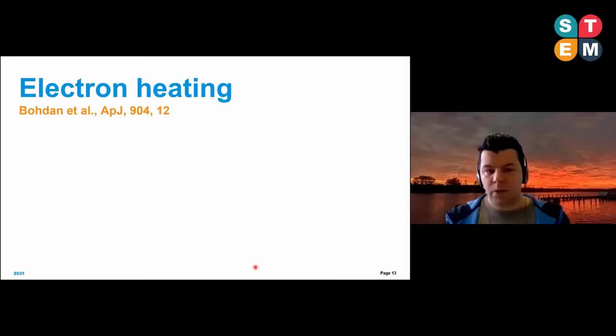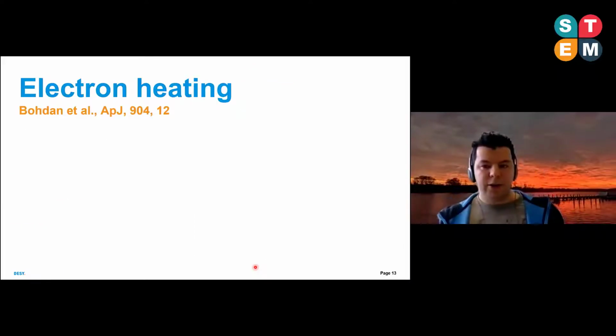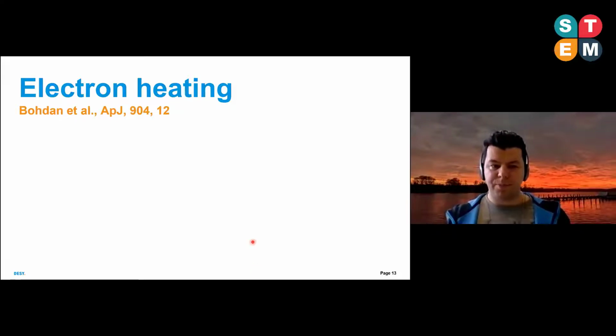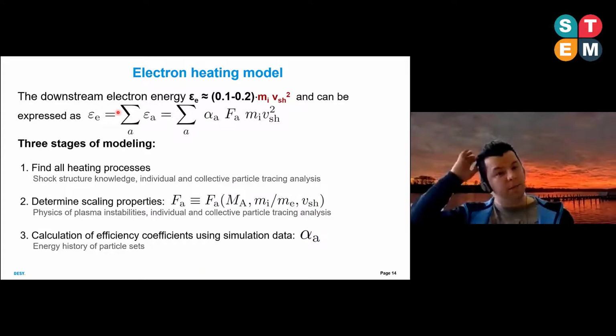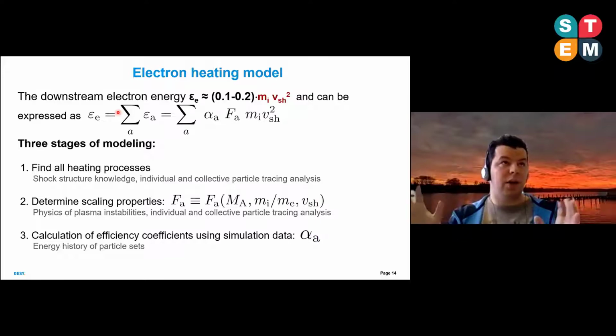Going to the second part, about electron heating, I will just show a short version, because the longer version you can find in the paper, and it would be too complicated and too long to present here. But I will briefly explain the main idea. We know that in the post-shock region you never actually achieve thermal equilibration between electrons and ions.